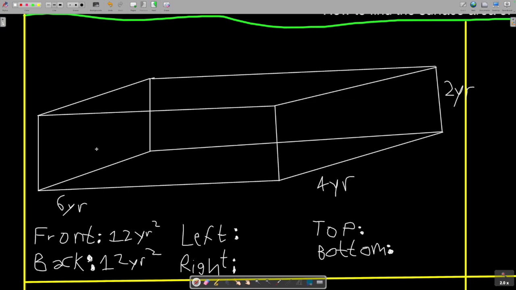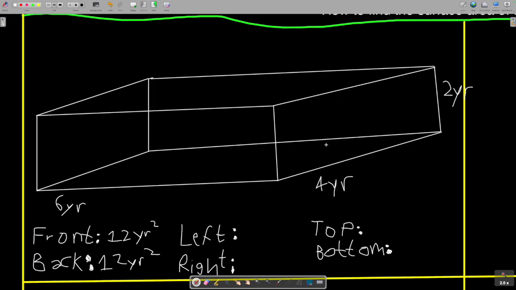And then the right side, because it's more visible. We have 4, which is the width, times 2, which is the height. That's 8 square yards, and the left is the same, another 8 square yards.